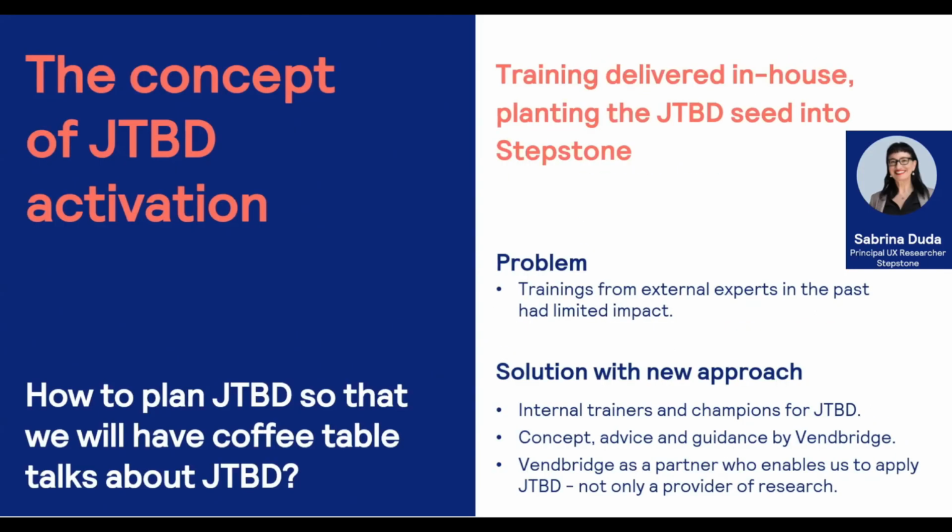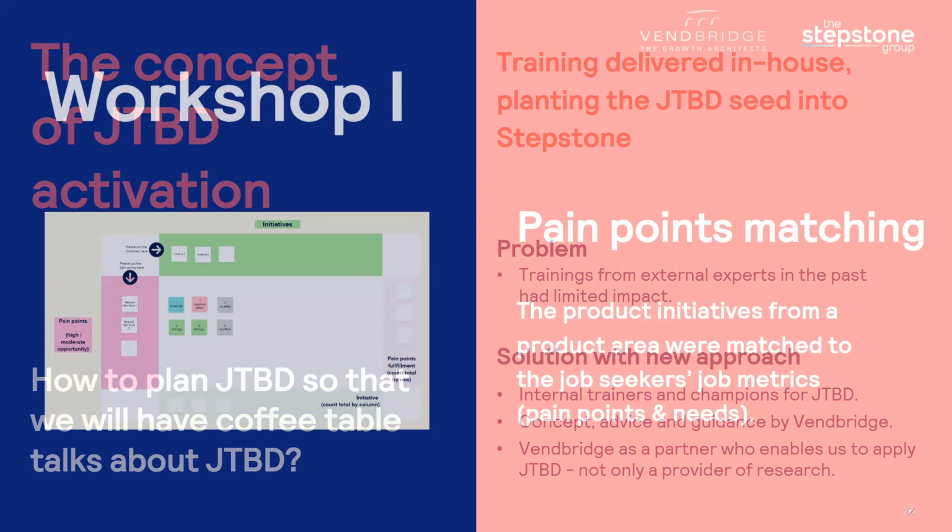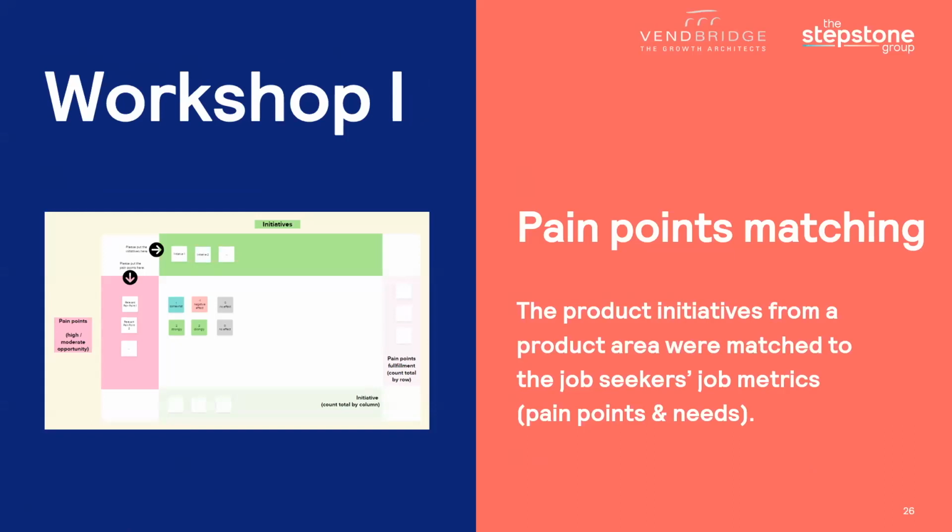To make jobs to be done really the profitable test, we had to implement it in-house. So the idea was training delivered in-house will really plant the seed in StepStone. We had internal trainers and champions for jobs to be done. We got expert consent, advice, and guidance by Bridge. The first workshop was called pain points matching. So we had all the job metrics from Bridge, and like Tina showed you, the gap is fulfillment and importance.